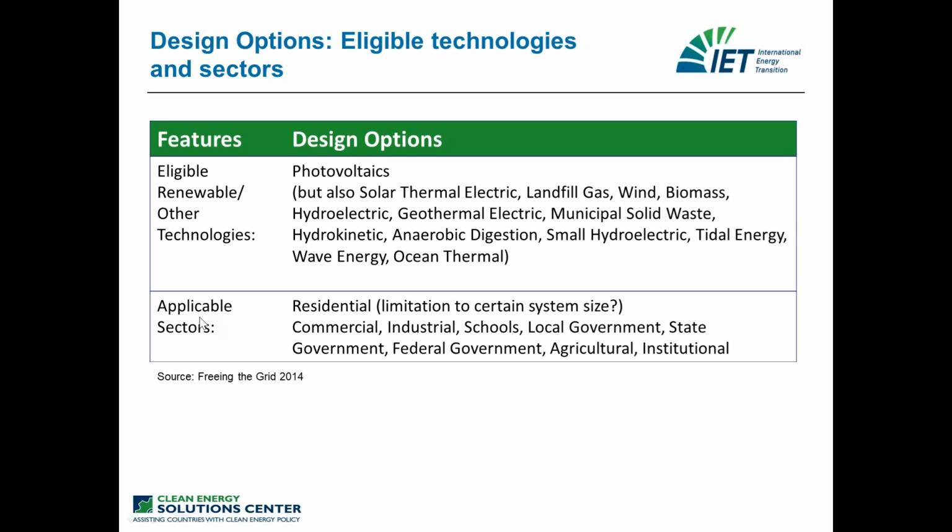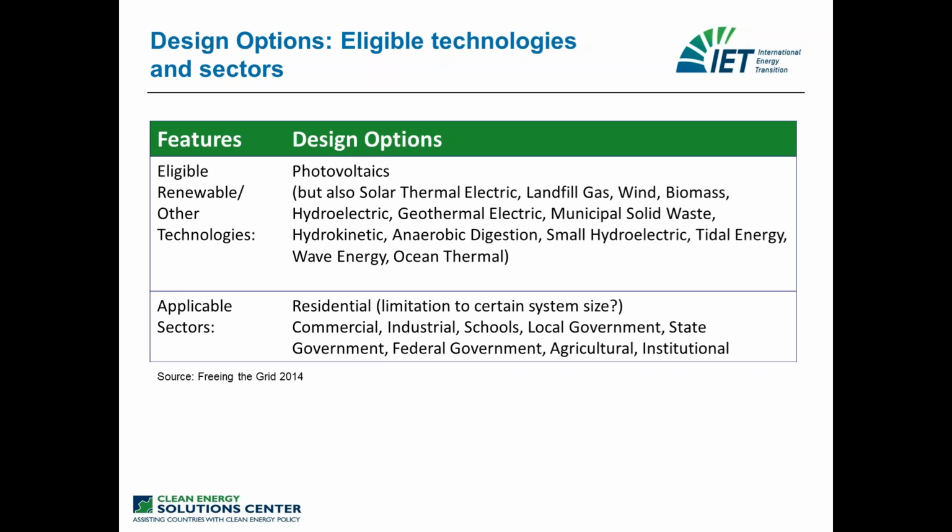What is more interesting is the applicable sector. You have the three normal sectors: residential, commercial, and industrial. You can either open the net metering program to all of these sectors, or say we have one net metering program which is very specific to our residential sector because they have a very specific rate structure, and a mandated alternative net metering program or a different program altogether for our commercial and industrial customers. That's what you see in some countries around the world.